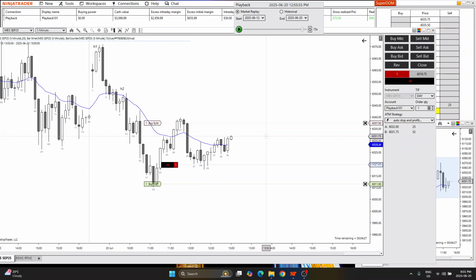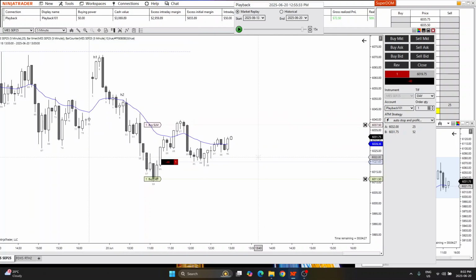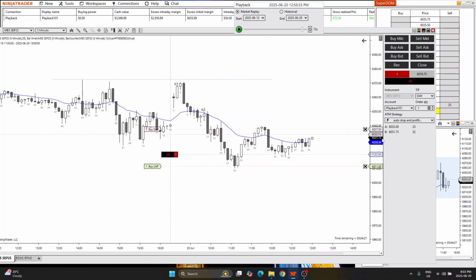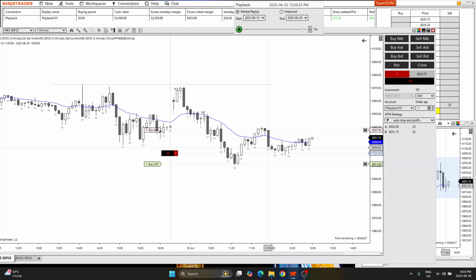Does it make sense to put your stop loss above this bar now? Let's see what's happening here. We're still in a range here. It's a tight trading range, man.